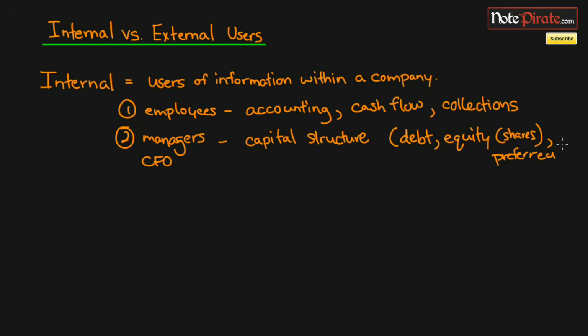So basically how the company is all split up, whether a lot of the company is financed on debt or whether they raised a lot of their money through equity by giving a share of their company away to investors or other types of owners. So that's another type of internal user. Like managers, of course, they don't just look at capital structure, they look at so many other things, but that's just one example of what managers might look at within financial statements or the information.